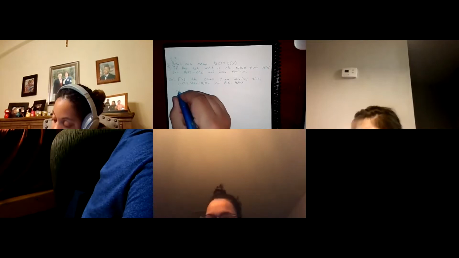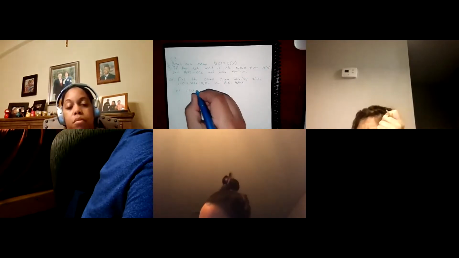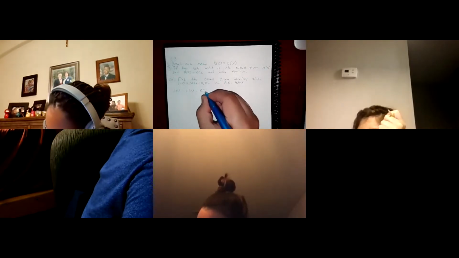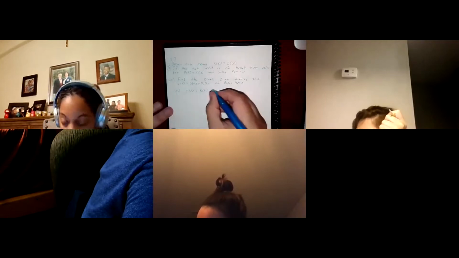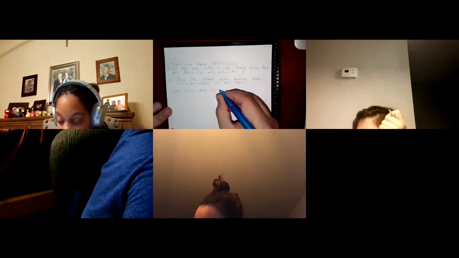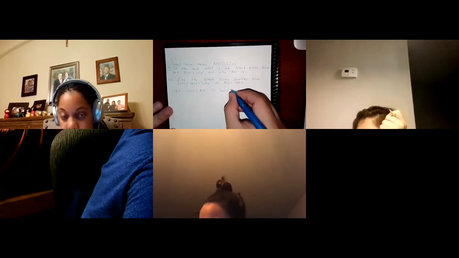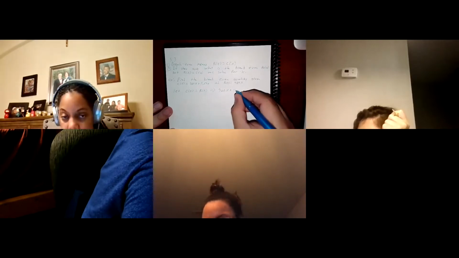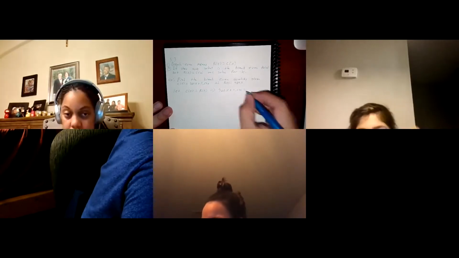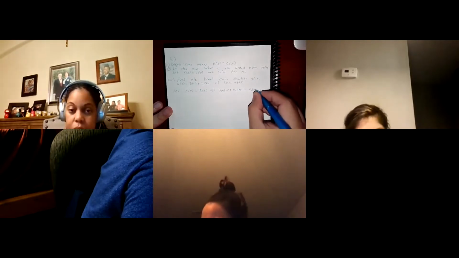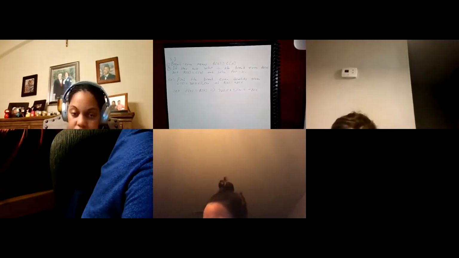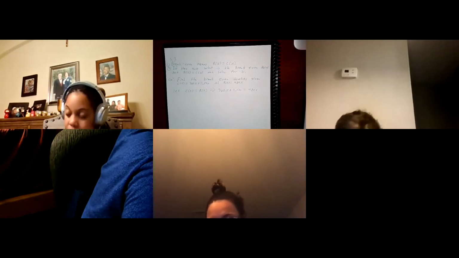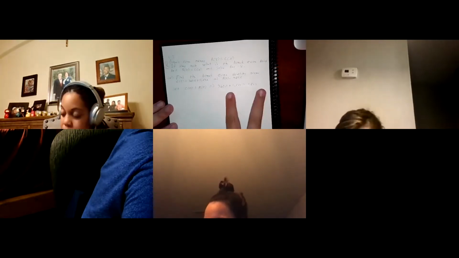So set C of X equal to R of X. So this would give us 360X plus 11,520 equal to 480X. So solve for X. And it doesn't matter which side you put them.